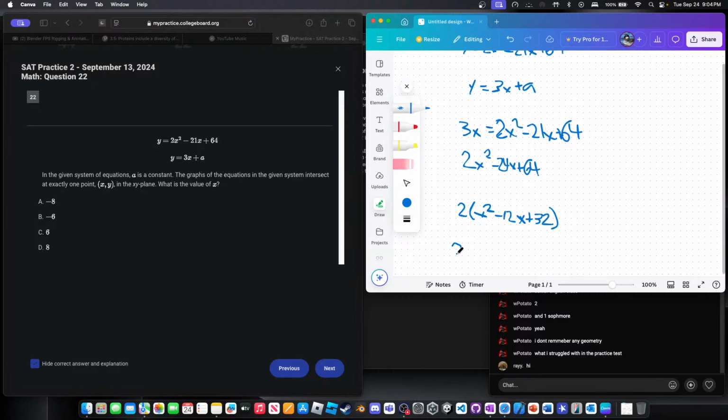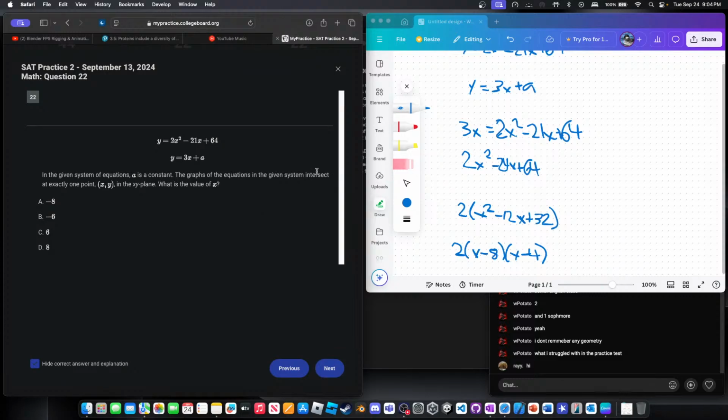And then it would factor into something like this. It would be 8 and 4, so x minus 8, x minus 4. Okay, so that's after we factored everything.